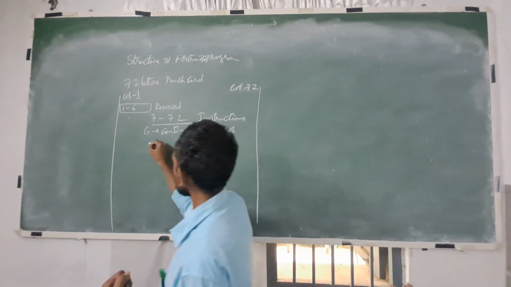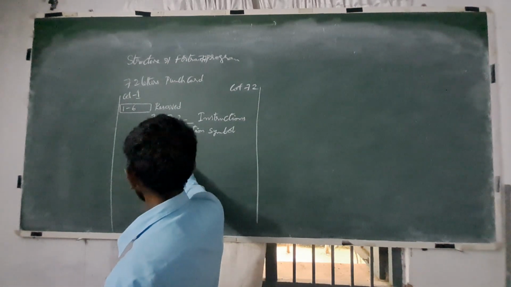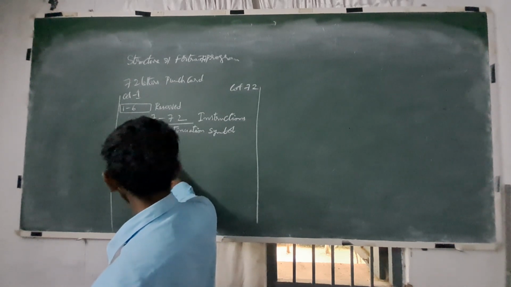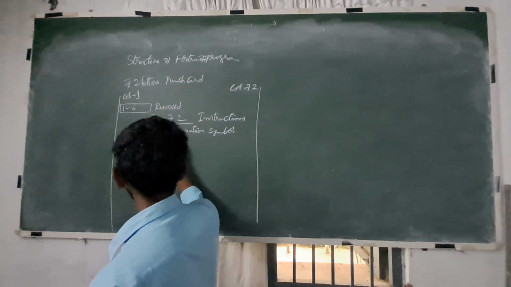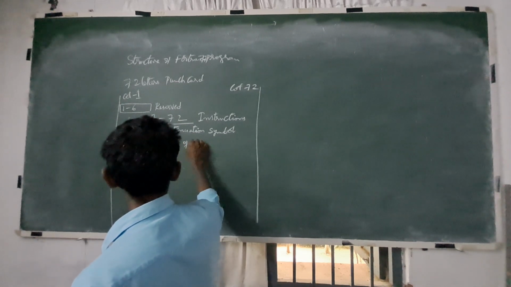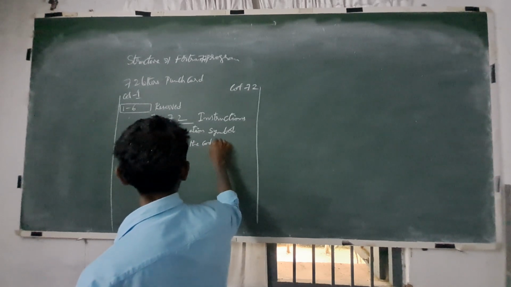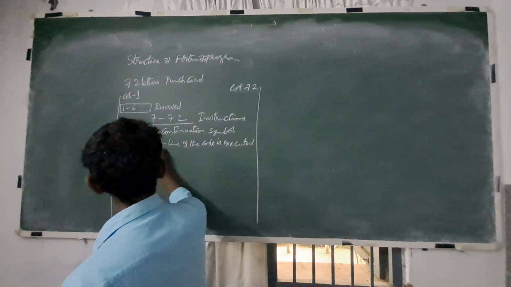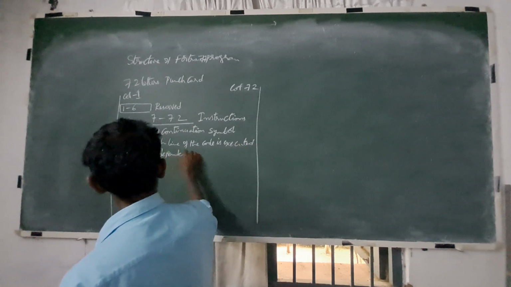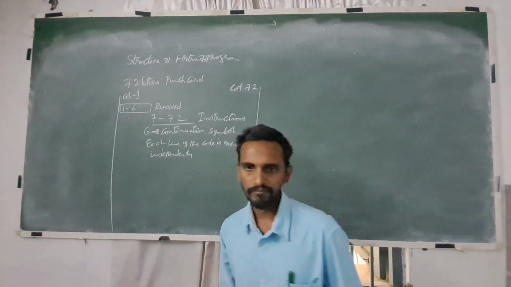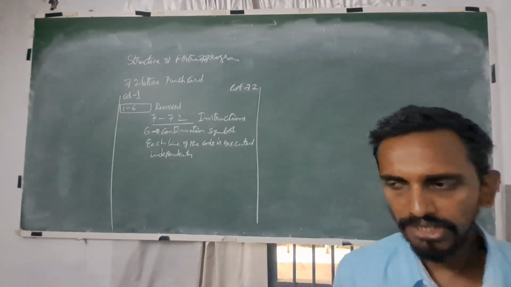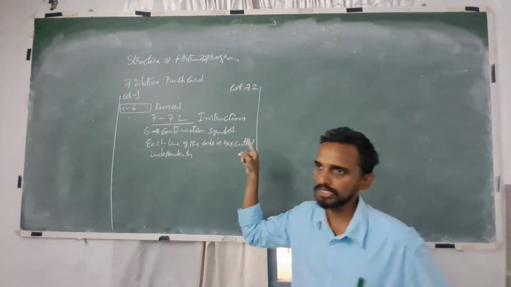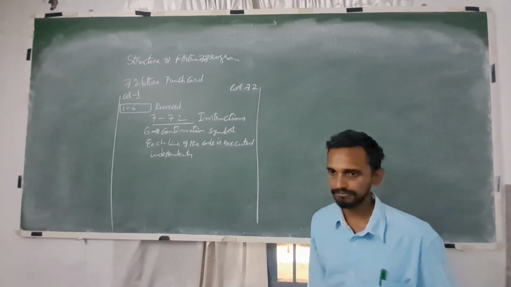The question here is, why do we need a continuation symbol? The restriction in FORTRAN is that each line of the code is executed independently. So when the instructions go to the next line, you have to specify it.